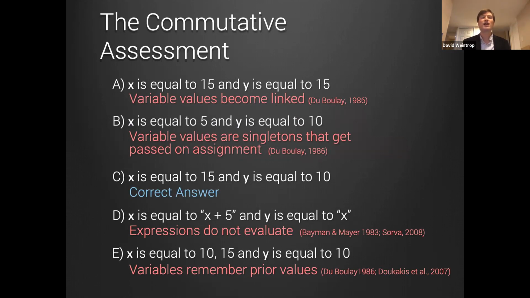So for example, if a student thinks that a variable is going to remember all prior values, like the variable x was set to 10 and then it was updated to 15, so x is going to be equal to 10 and 15, then there's a distractor, option E, for a student who holds this incorrect assumption of how variables work. That's a totally reasonable way that variables could work. Turns out that they just don't work that way, at least not in these environments.